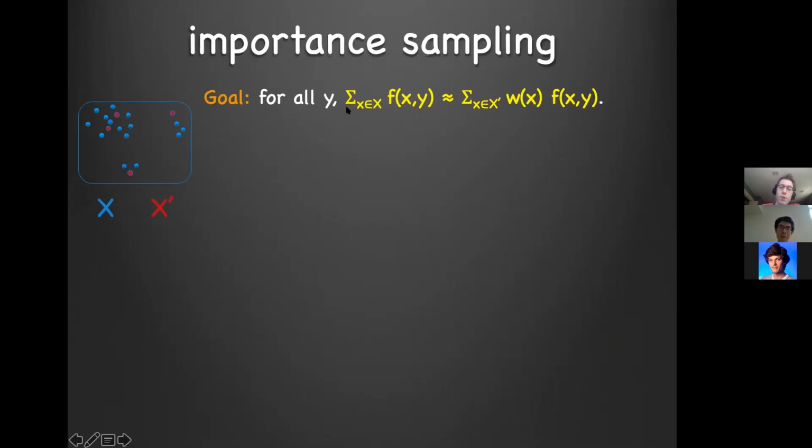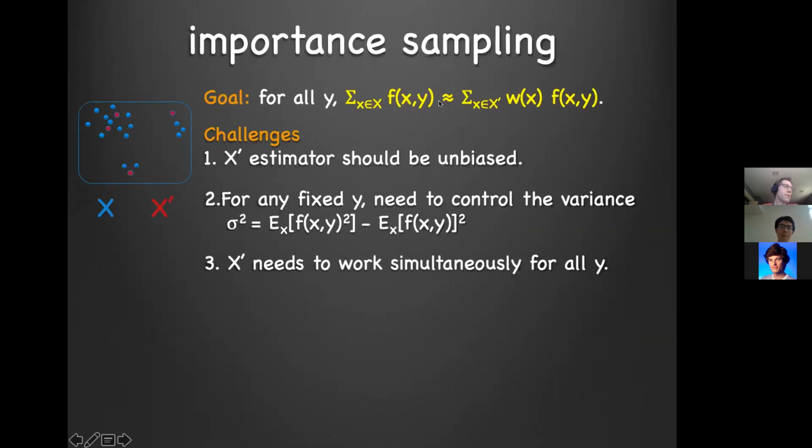So our goal, remember, is that for all models y, the true log likelihood is close to the approximate log likelihood. And there are a few criteria that we need. The first is that you can think of this as an estimator. You're trying to estimate the true log likelihood by choosing the right x prime.